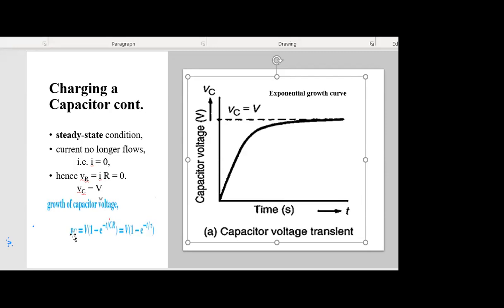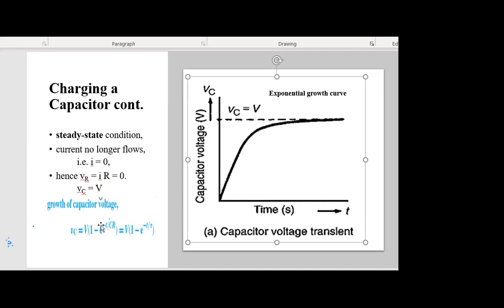When you look at this exponential growth equation for the capacitor voltage, VC will depend on the steady state, which is V, and also the change in voltage over time.